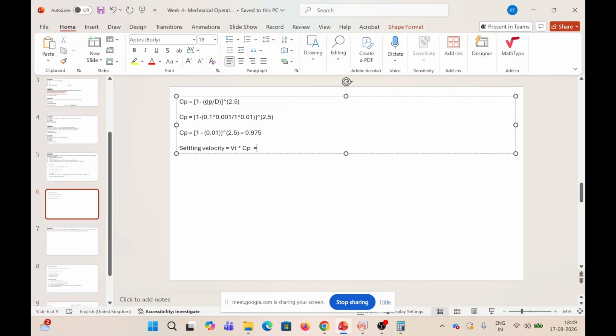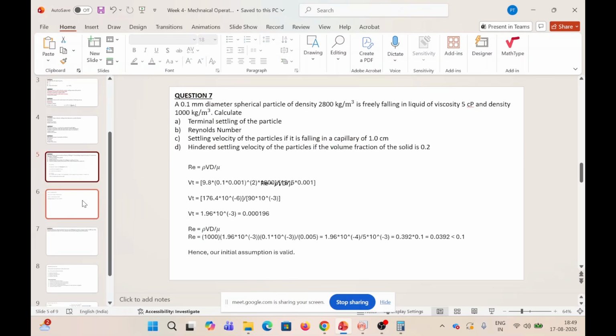So 0.975 times Vt, you need to write the units, meter per second.